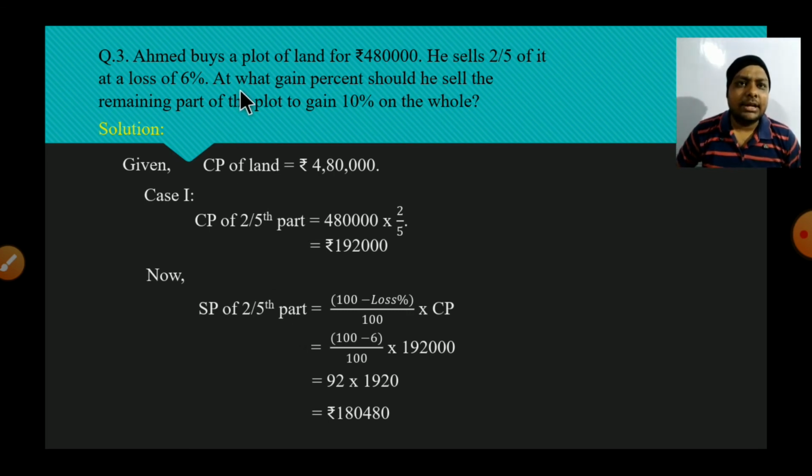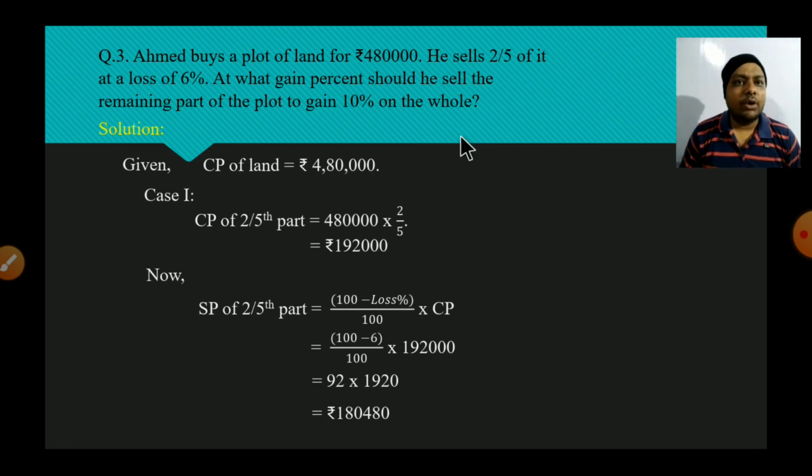It is saying, at what gain percent should he sell the remaining part? Remaining part means what? 3 by 5th part, since 2 by 5th part he had already sold. So he wants to sell the rest of the part to gain 10% on the whole.